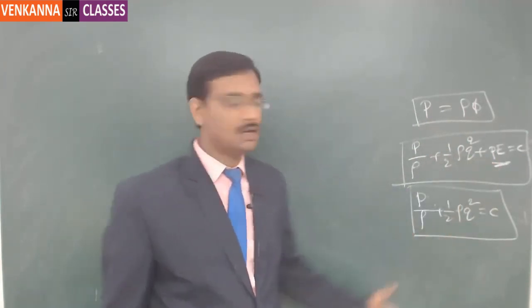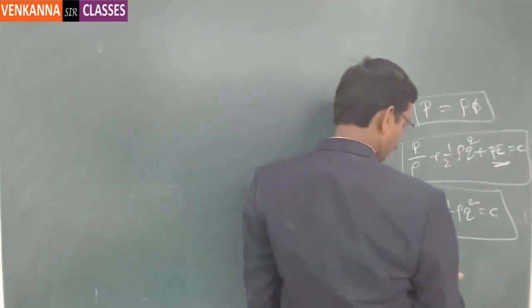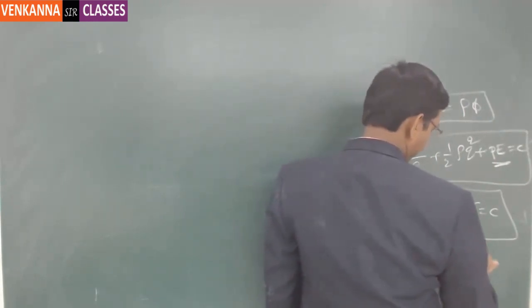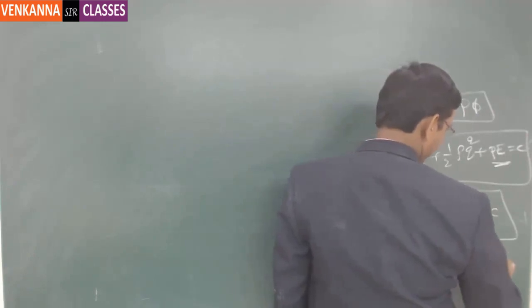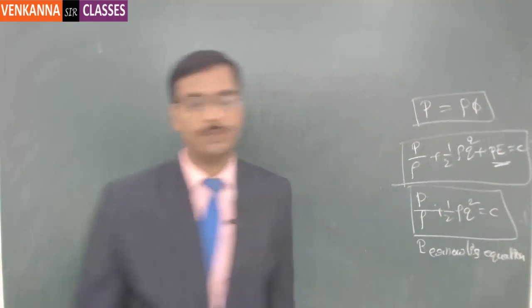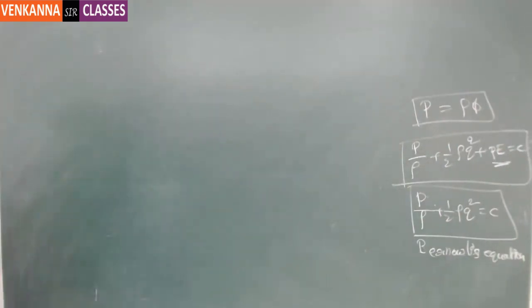This is the Bernoulli's equation we have learned, which I have derived already. Got it? Based on this understanding, tomorrow I am going to solve two problems. So, thank you.